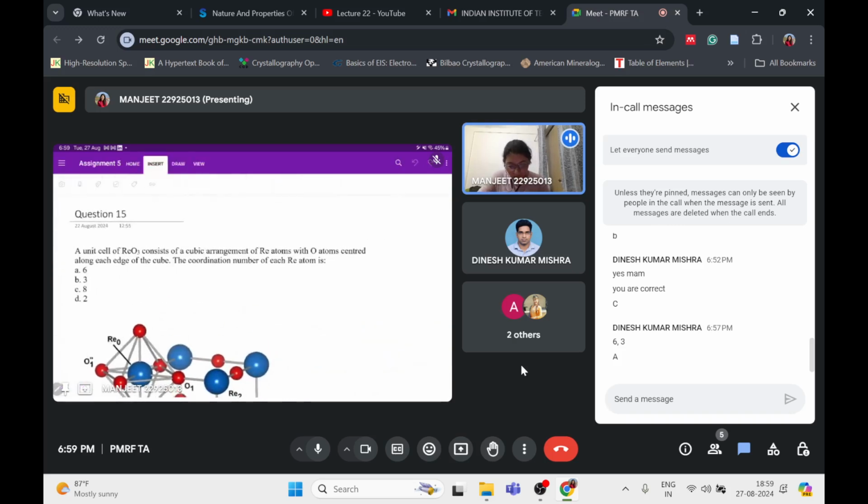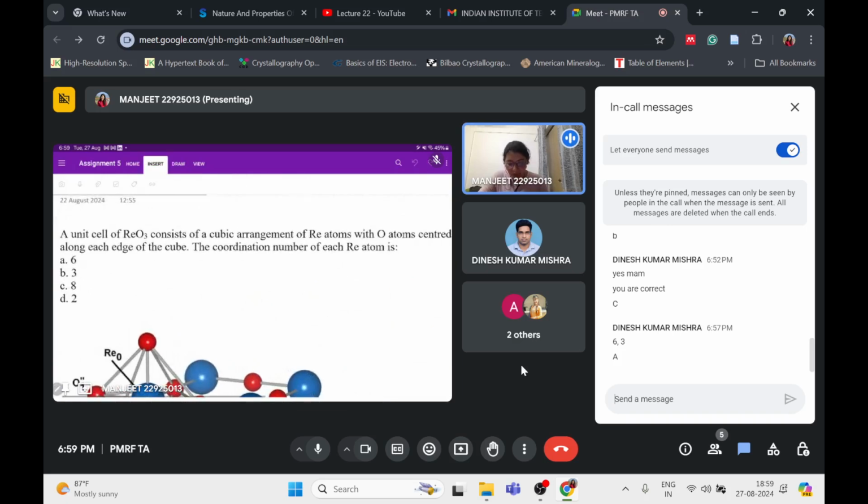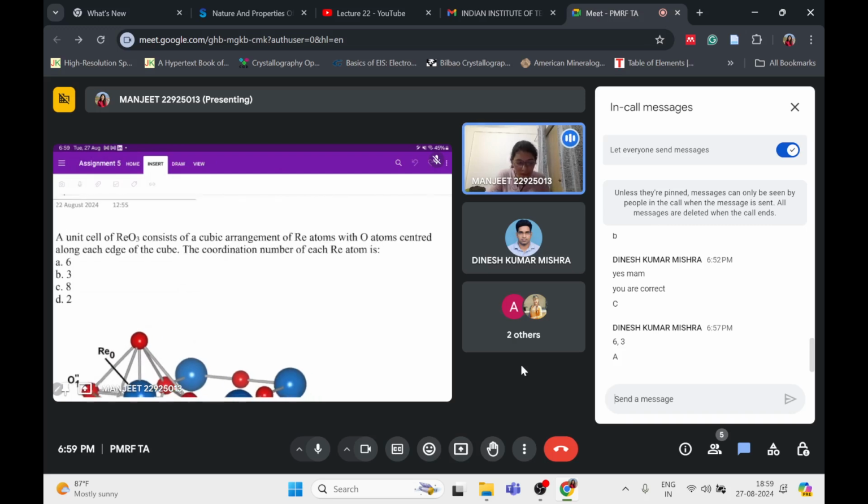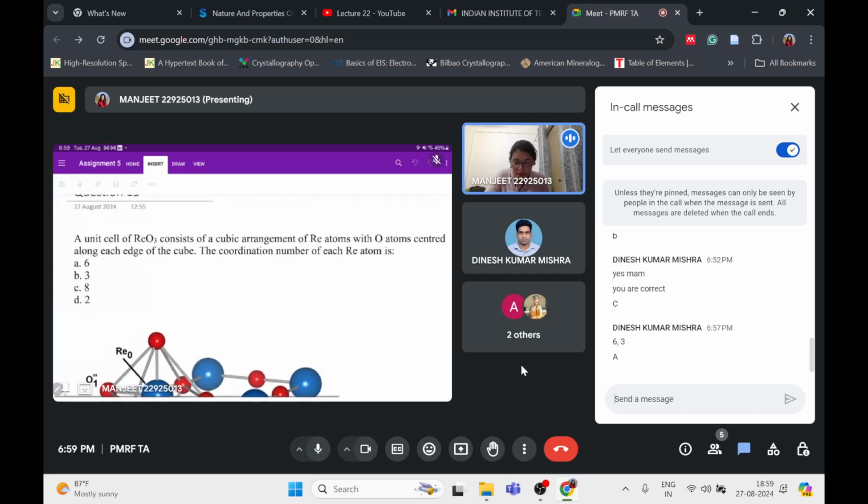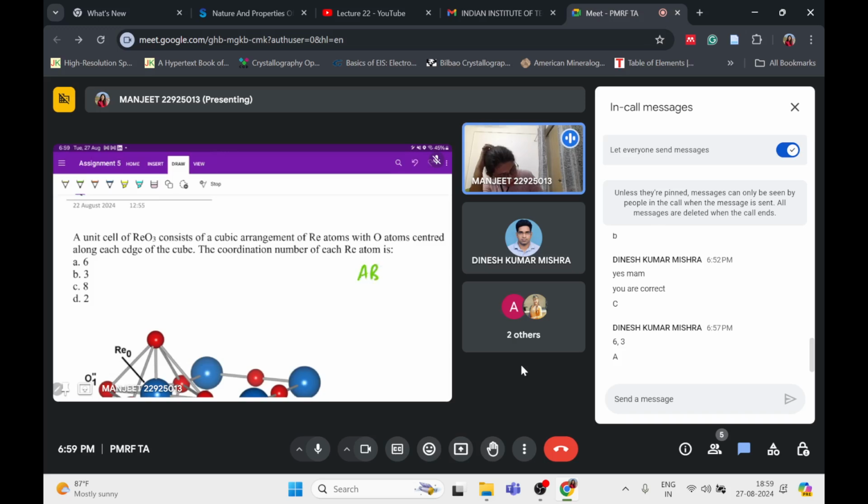In question number 16, a unit cell of the ReO3 consists of the cubic arrangement of the Re atom with the oxygen atom centered along each edge of the cube. The coordination number of each Re atom. Here there is existing a ReO3, having the perovskite structure, but not having the A atom.